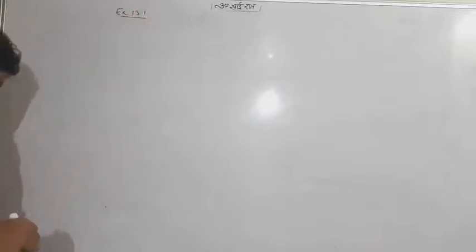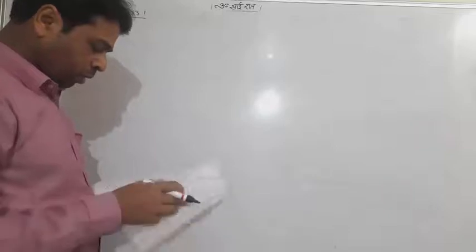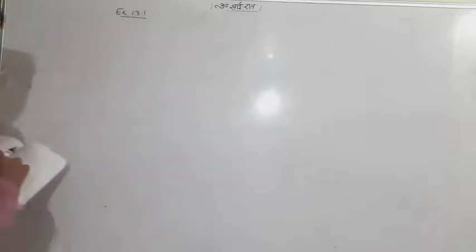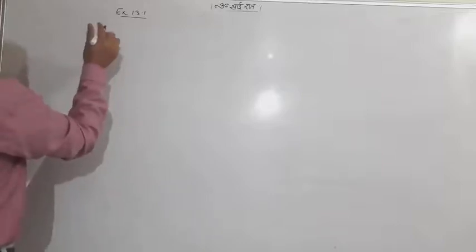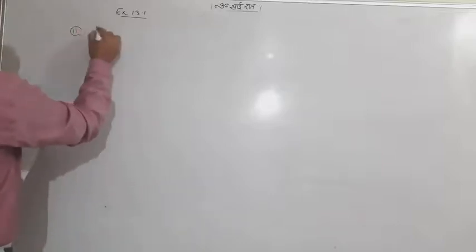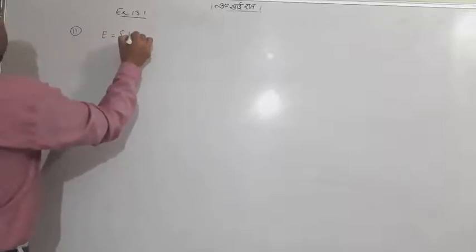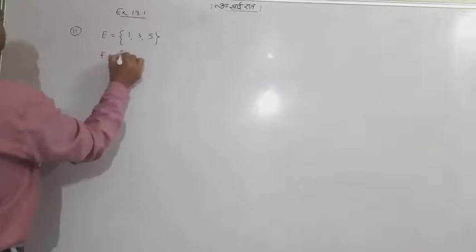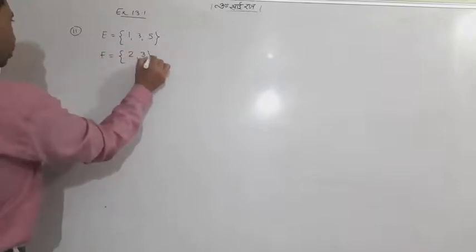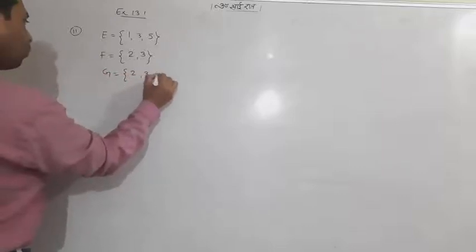We have some questions I want to tell you. Question number 11. We have three events: E containing these elements, F containing 2 and 3, G containing 2, 3, 4 and 5.